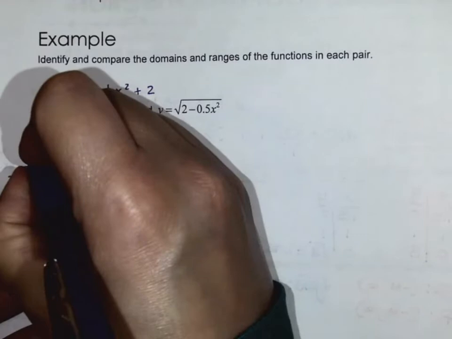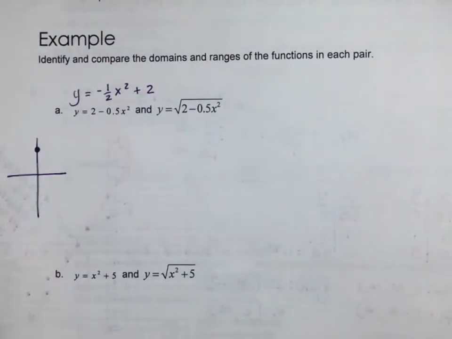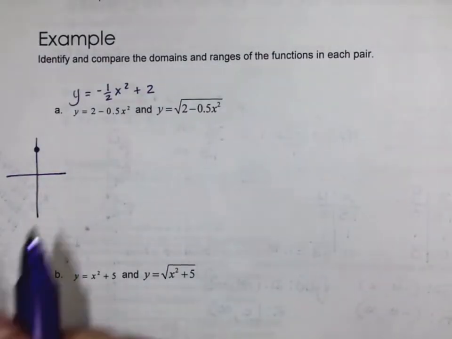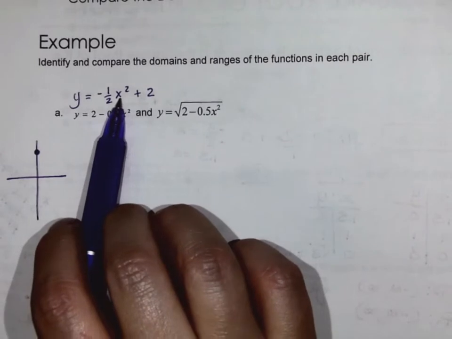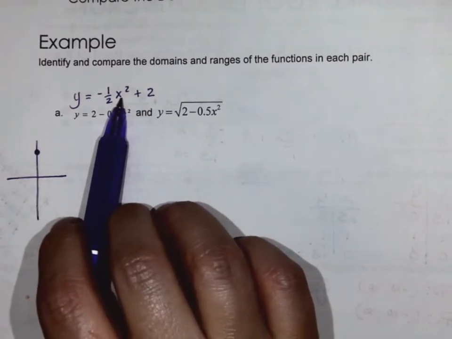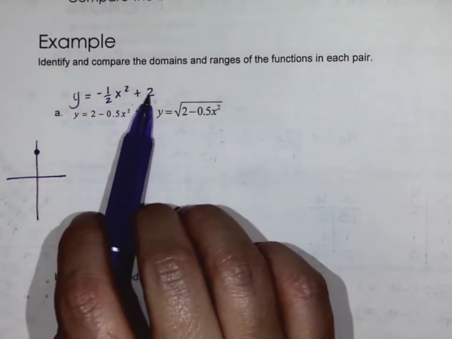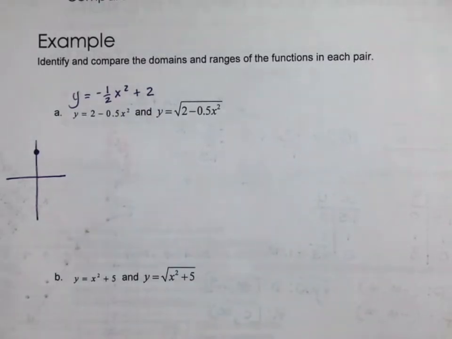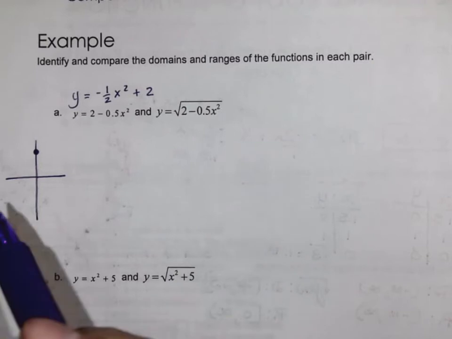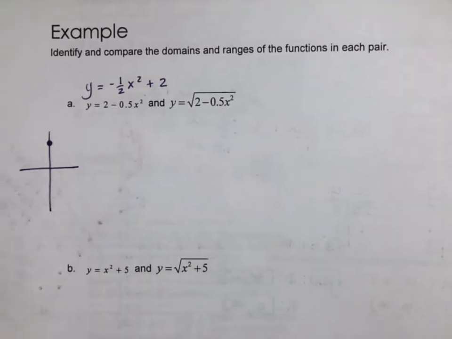Negative 1 and positive 2? Okay, what's in the brackets with the x? Nothing, so 0. And then my k value of the vertex is the thing added on. So my x value is 0, my y value is 2. So which way does my parabola open? Down.